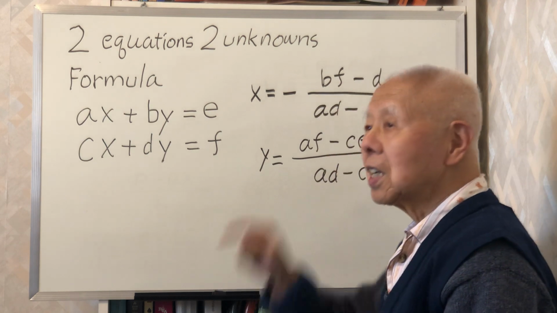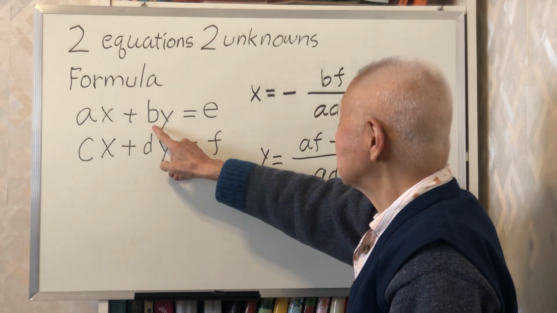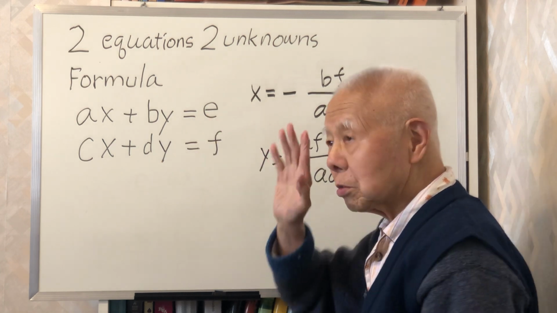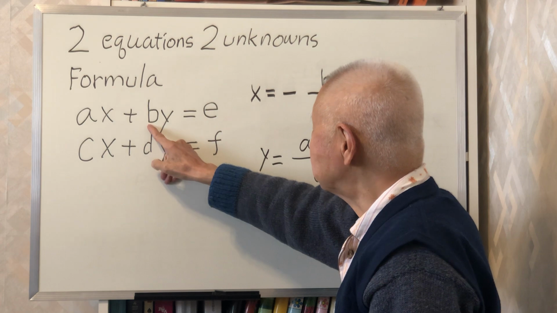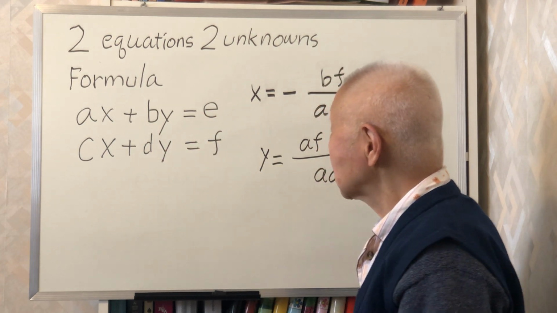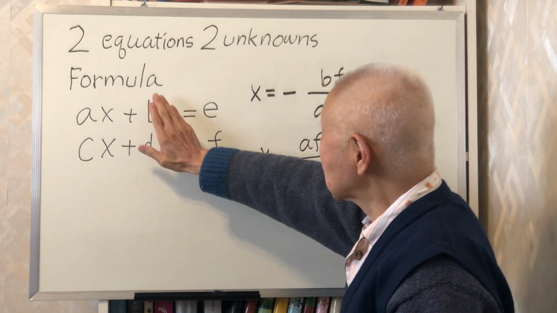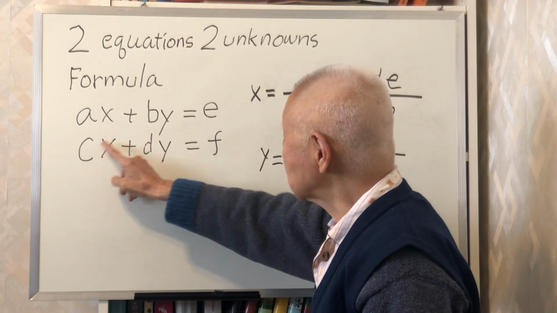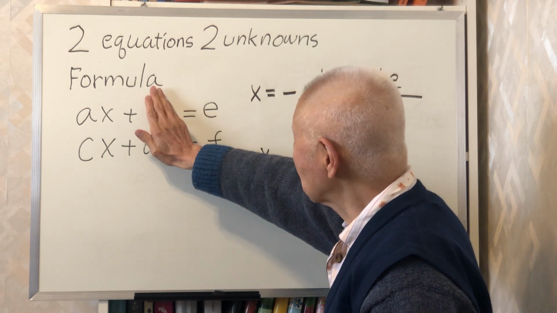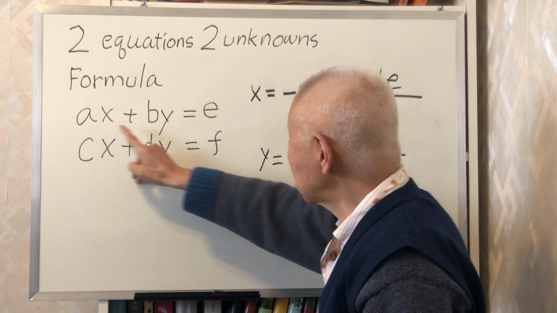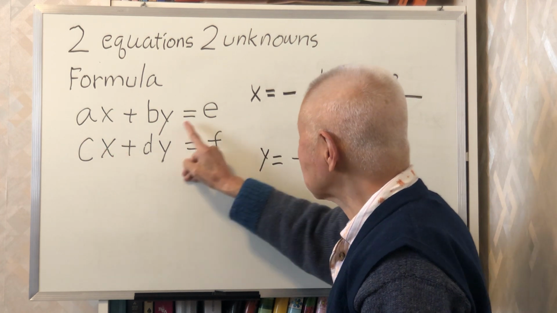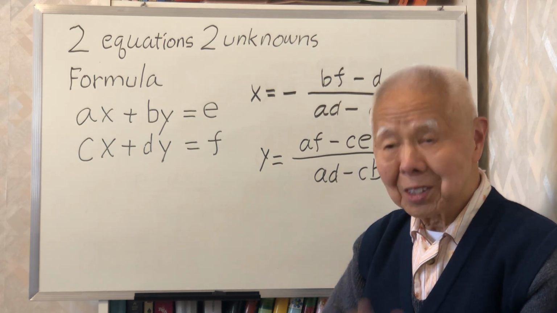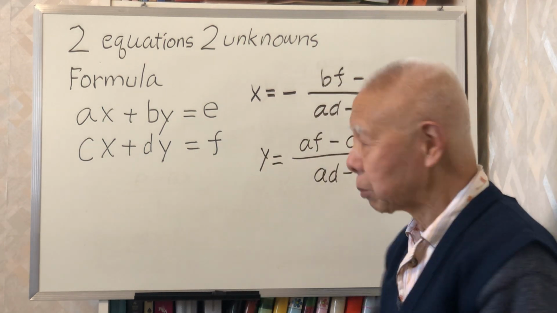The numerator is negative BF minus DE. Remember, negative BF minus DE. What is y? Don't look at y. The denominator is AD minus CB, but the numerator, don't look at this. The numerator is AF minus CE. You got it? That's the formula, and that's how you memorize it.